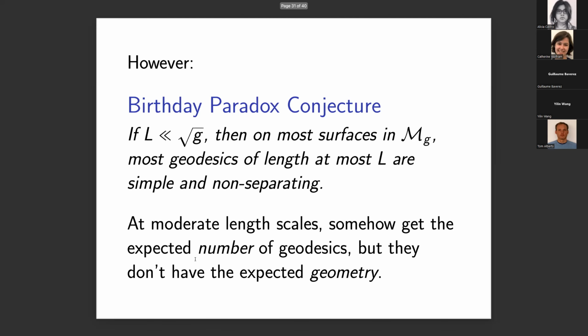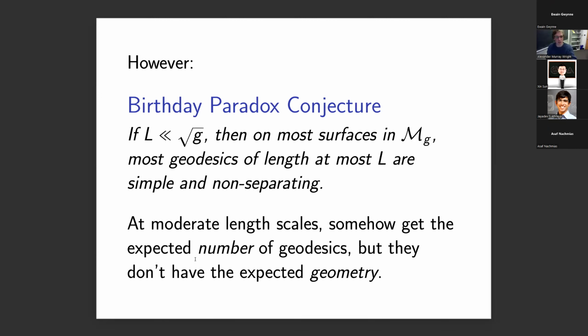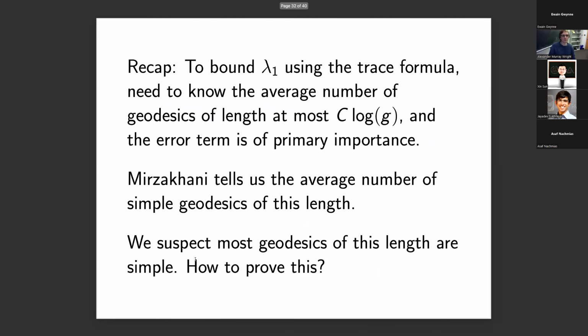So anyways, I hope this will eventually get proved. As I said, it's not quite what we need, because what we care about, the error term, is always the most important thing. Anyways, a quick recap. We want to bound the spectral gap lambda 1 using the trace formula, which is a version of computing the trace of a power of the adjacency matrix in 2 ways.